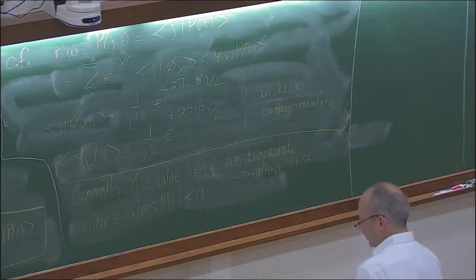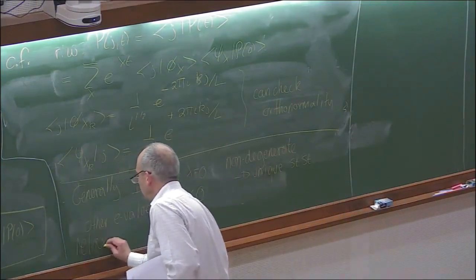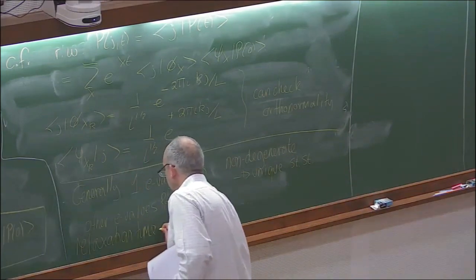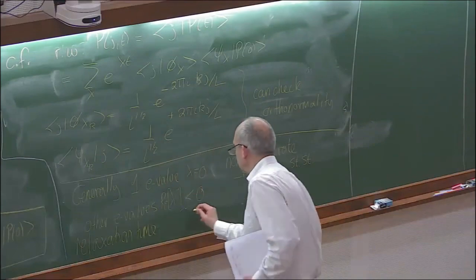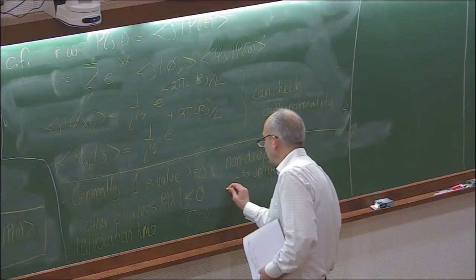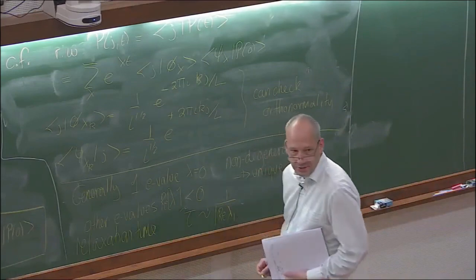And the time to relax to the stationary state we'll call tau, and it will be given by 1 over the magnitude of the real part of the second largest eigenvalue.